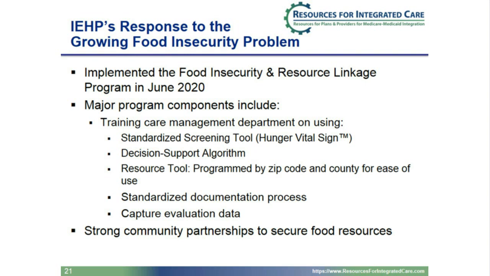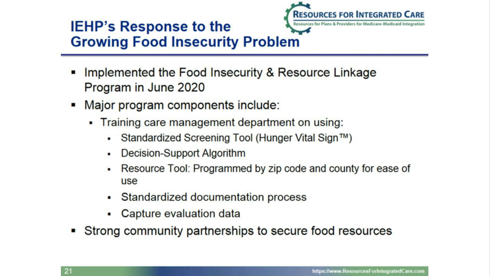So the program focused on using a standardized screening tool, the Hunger Vital Sign, which is only a two-question tool, and guiding all of our team members with a decision support algorithm to think through the urgency and immediacy of the food insecurity problem versus whether it is a chronic issue, and also considering family members.